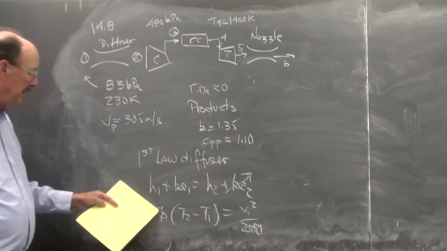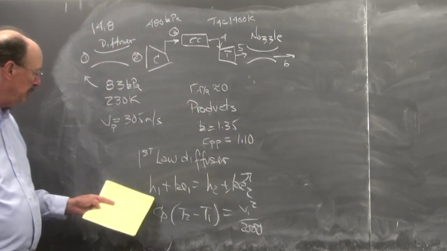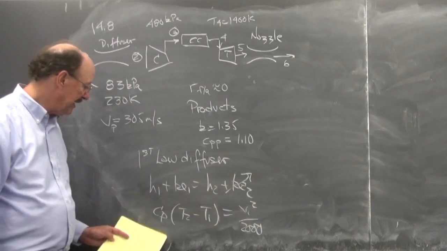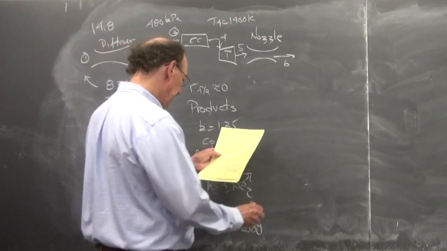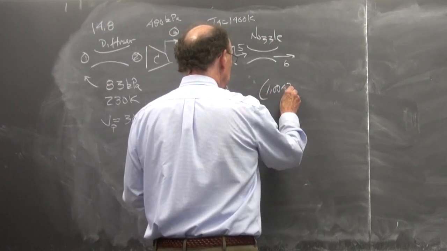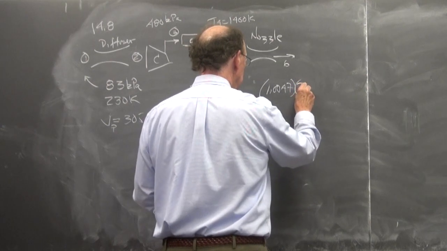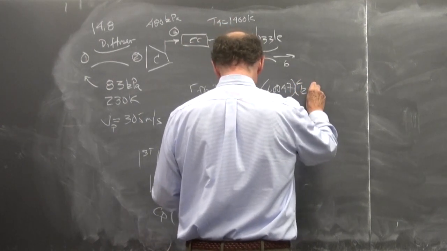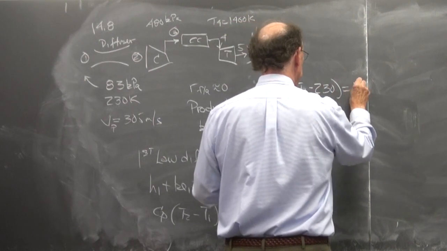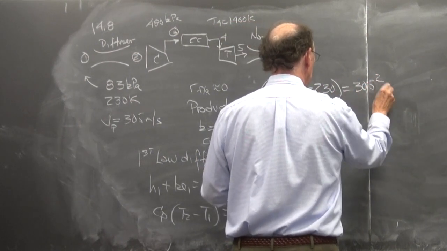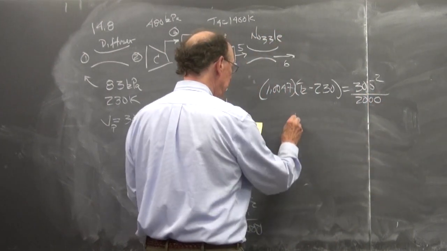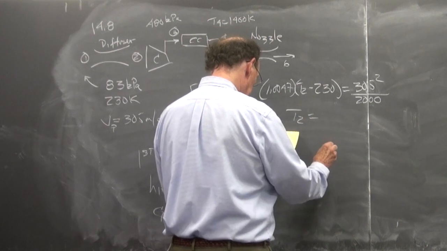I know V1 is 305, and I solve for T2. So I have 1.0047 times (T2 minus 230) is equal to 305 squared over 2000.